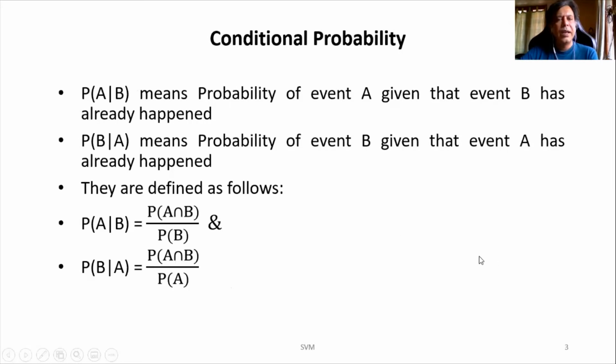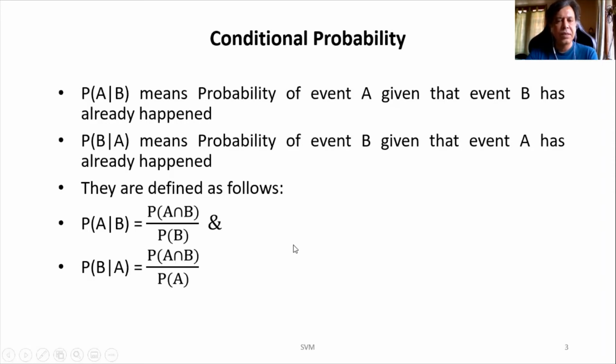So what exactly does conditional probability mean? Probability of A given B means the probability of event A given that event B has already happened. Similarly, probability of B given A means the probability of event B given that event A has already happened.